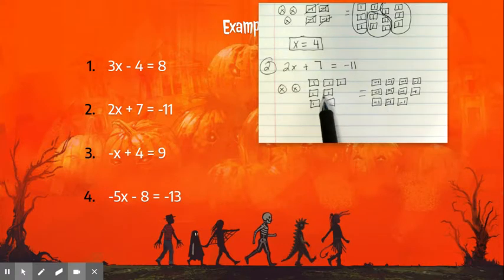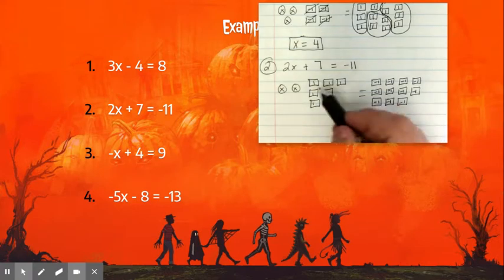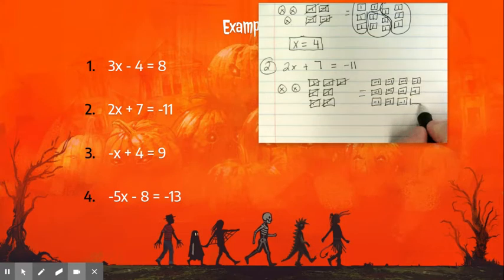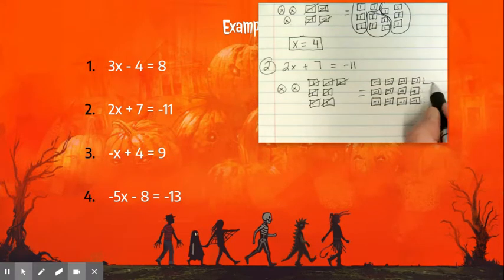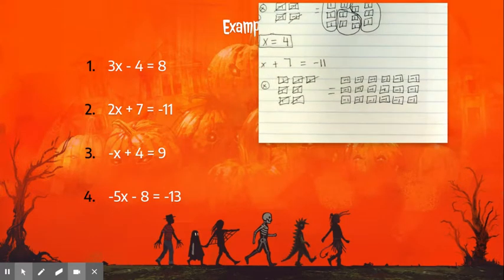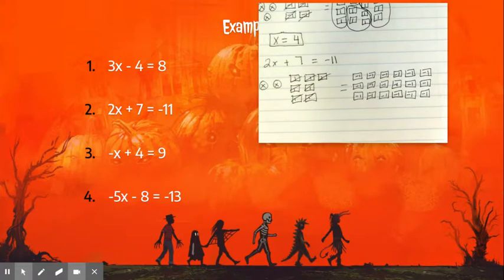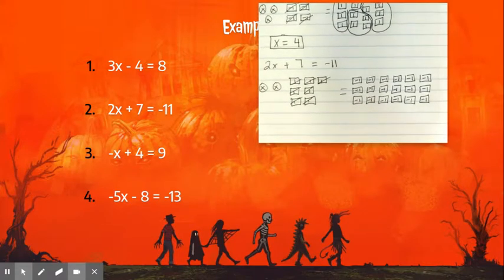Okay, so I have 2x here, 7 ones, 11 negative ones. These are opposite signs, which means I'm going to change these to negative and move them over here. 1, 2, 3, 4, 5, 6, 7. And then I have 2 x's, which means I need 2 equal groups.